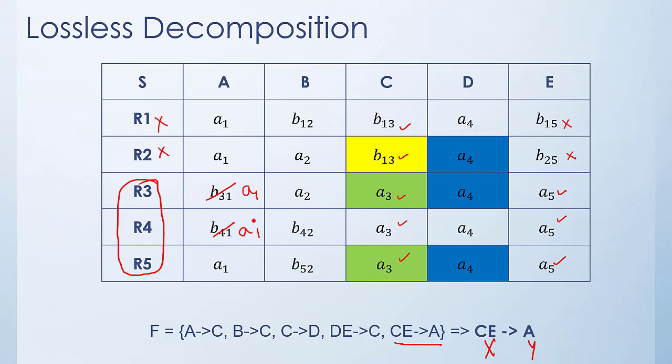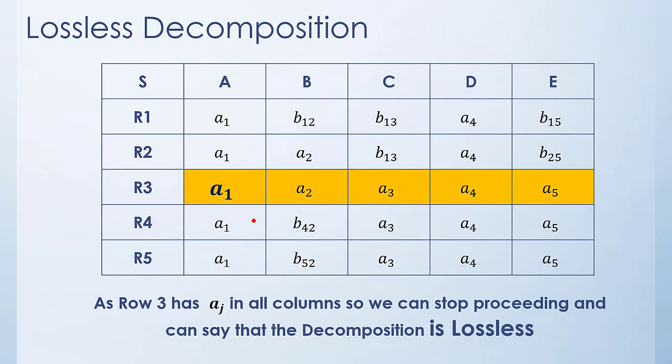So after working with this functional dependency, the S will become this, and you can see that the change is highlighted. Here I have changed the A1 value, and here I have changed the A1 value, using CE determines A. Now after that, you can see that row 3 has all AJ values for its columns.